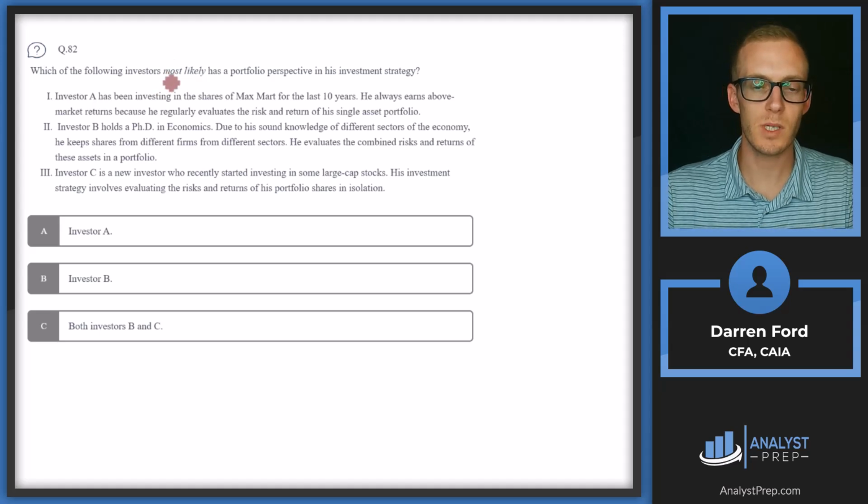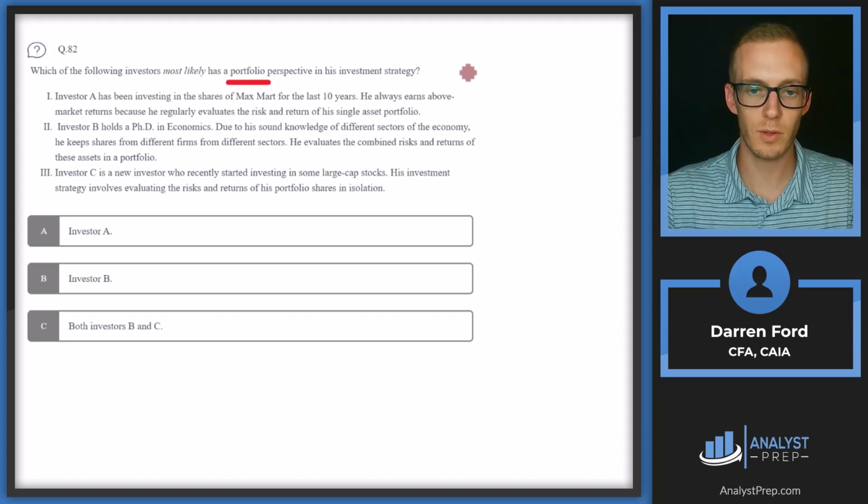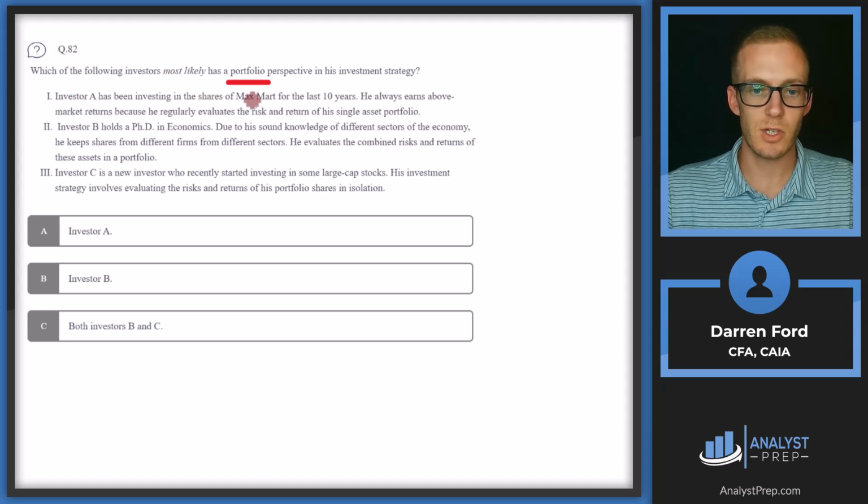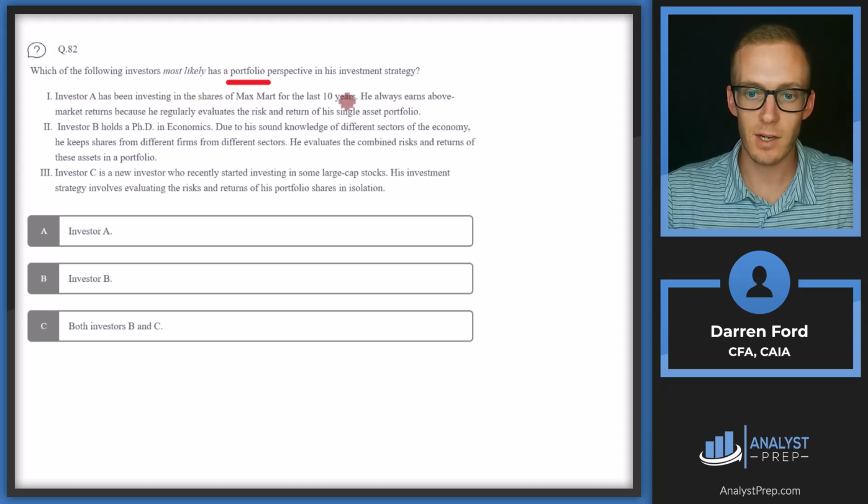Question 82. Which of the following investors most likely has a portfolio perspective in his investment strategy? So portfolio perspective, meaning we take into account a holistic view of our portfolio, the different positions, asset classes in there, in the way we invest. Investor A has been investing in the shares of MaxMart for the last 10 years.